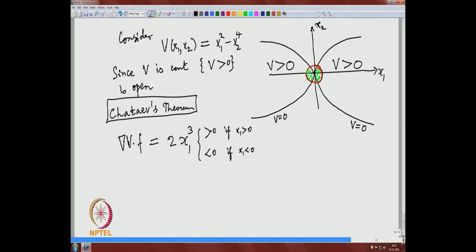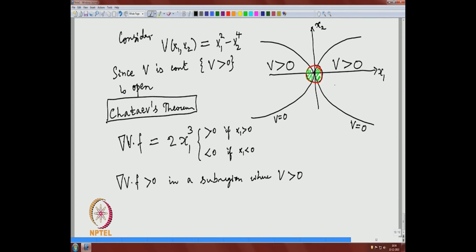If you recall the second condition in Chetaev's theorem, what we require is this grad V dot f positive in a subregion where V is positive, and certainly here we have that.